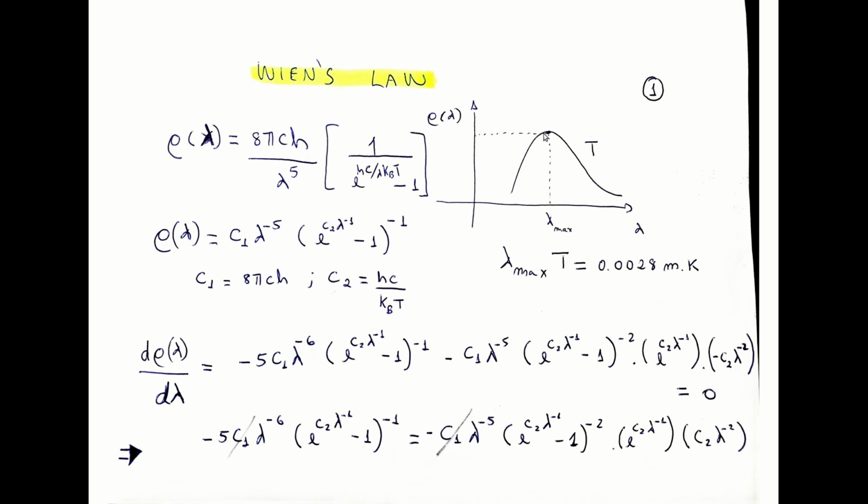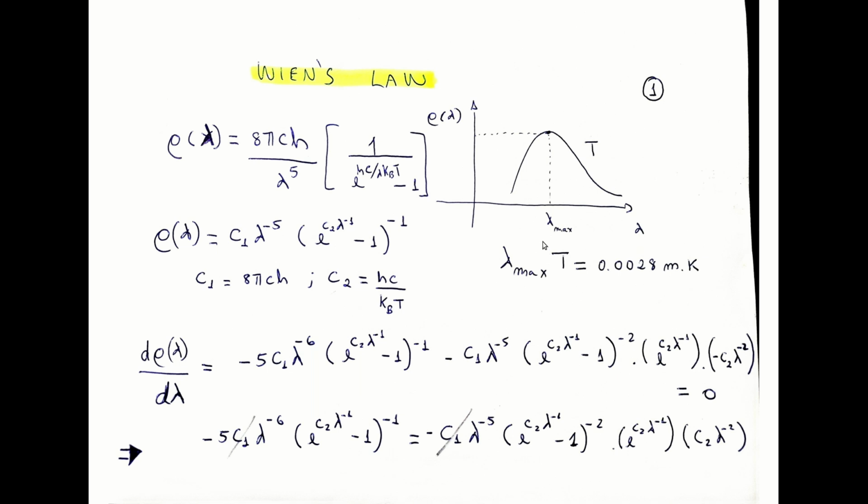Then when you come to exactly this point, the slope is 0, and then you have a negative slope for these larger wavelengths. So the slope is 0 here, and if we derive this function and equal the result to 0, then of course we will find a relationship between lambda and T. I'll show you how we can actually do it and what the difficulties are in doing this.